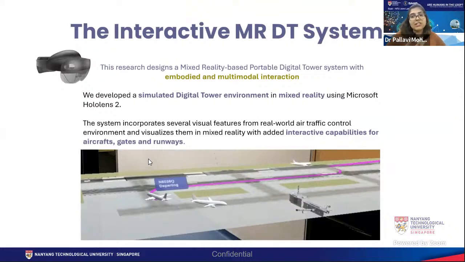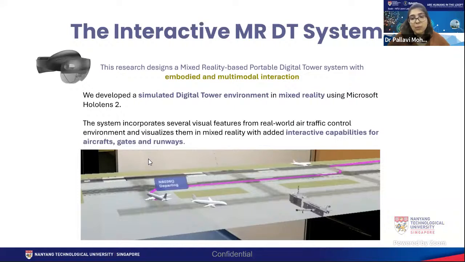So the research that I do here attempts to answer this question and envisions a mixed reality-based portable remote digital tower system that has embodied multimodal interaction capabilities. Embodied basically means using one's own body to interact, your hands, your eyes, any part of your body, and multimodal combines two or more interaction modalities or human input methods.